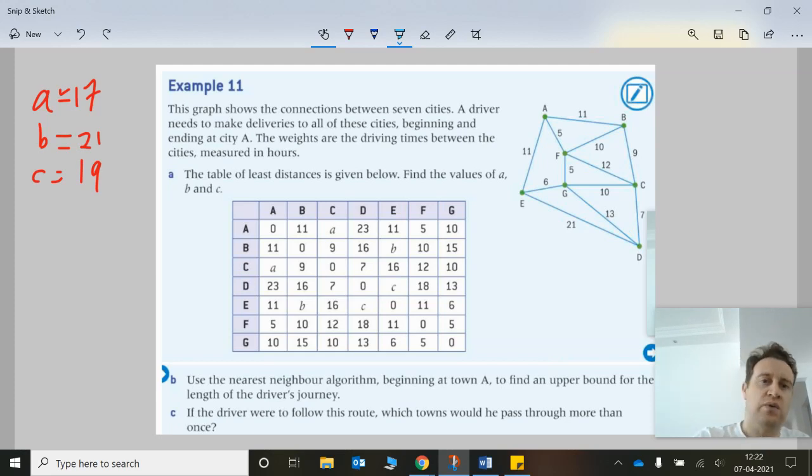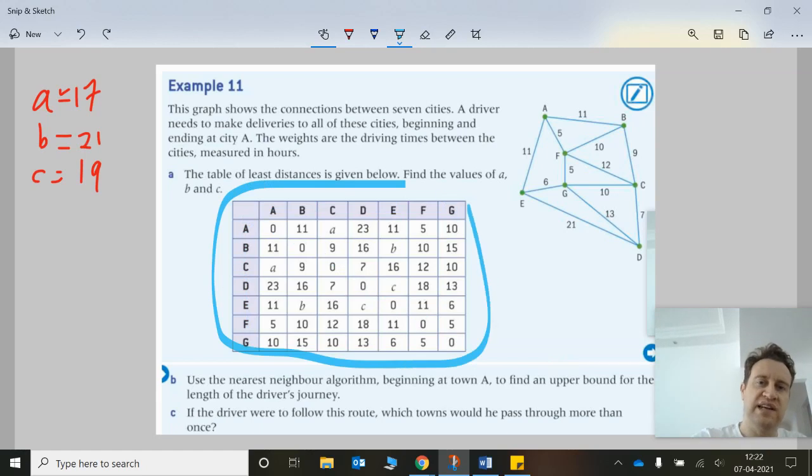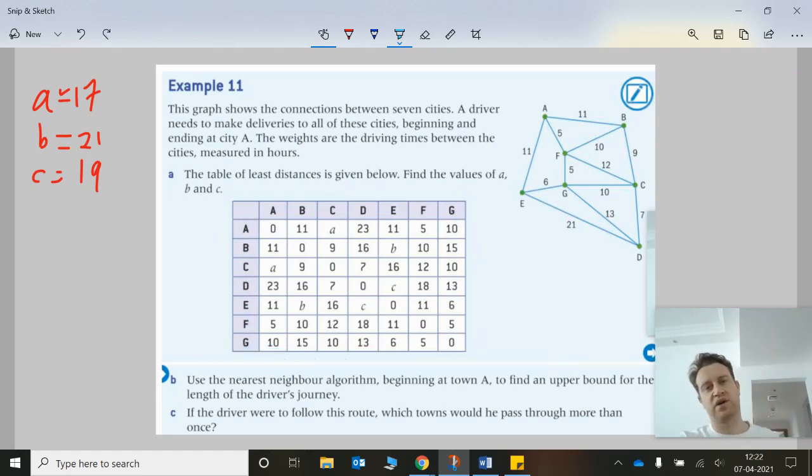Okay, so once we've put those numbers in here, we can see that we've got symmetry on both sides and that this is now a table of least distances, and this is essentially describing a complete graph for the lowest distances between each of the towns.